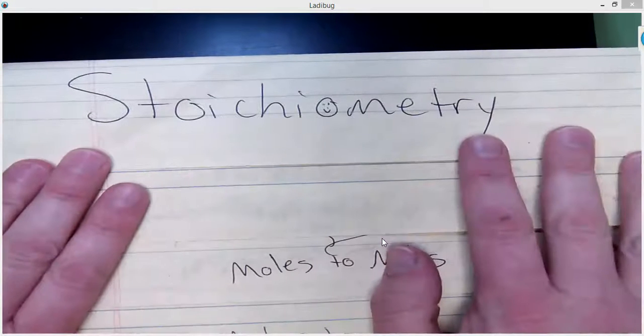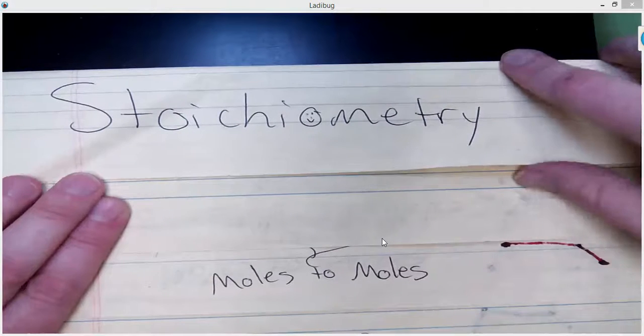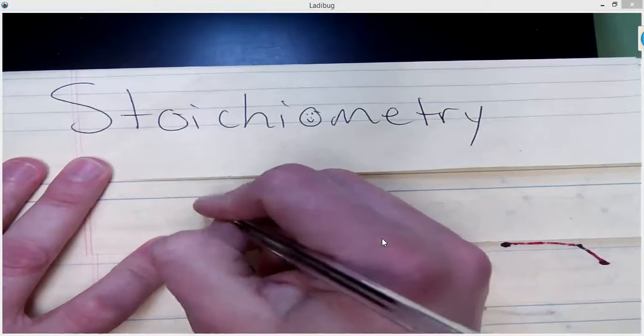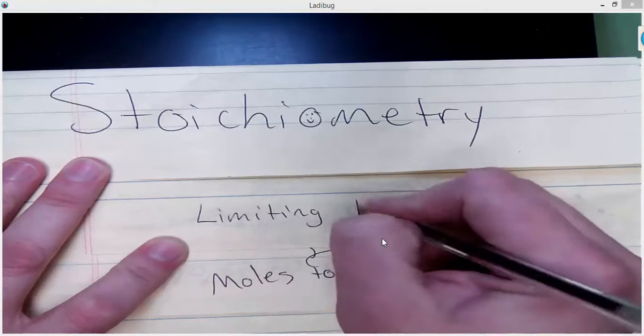Okay, so we're about ready to fill out our last section of our stoichiometry foldable. Go ahead and you should be right here. Label this last section limiting reactant.